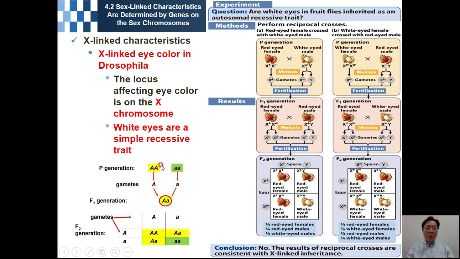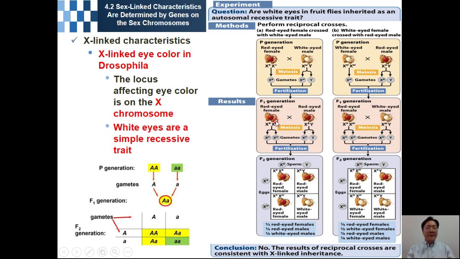The female makes X plus as a gamete, and the white-eyed male makes XW or Y. After fertilization, they make X plus XW or X plus Y. All of the females show red eyes, and all of the males also show red eyes.